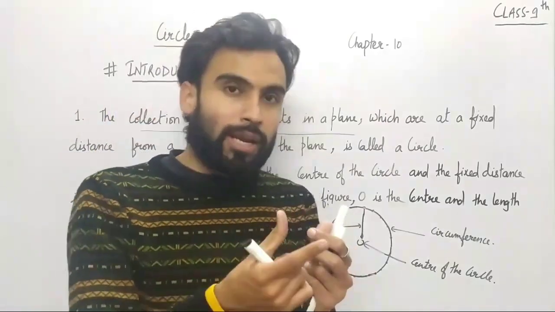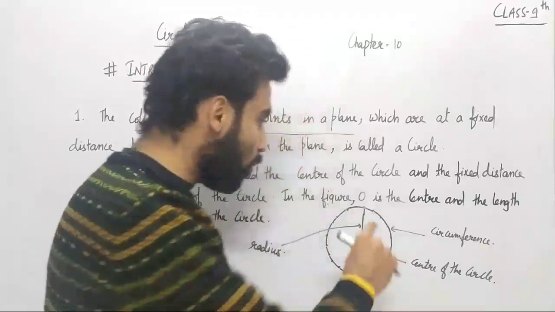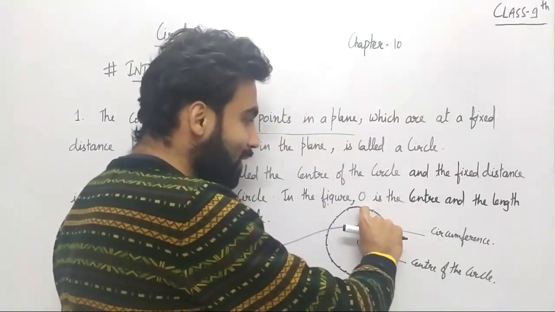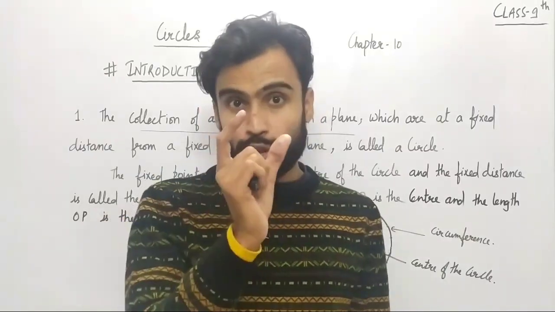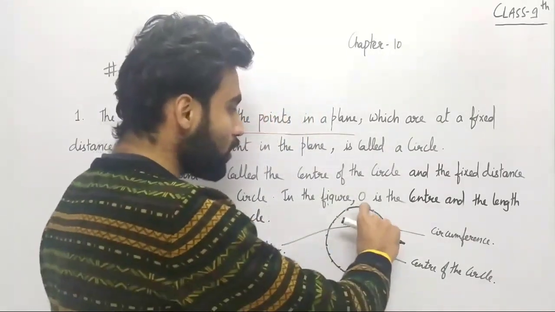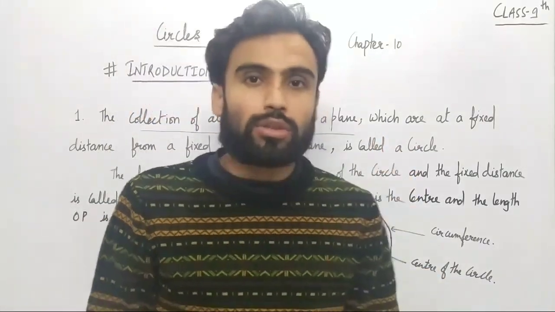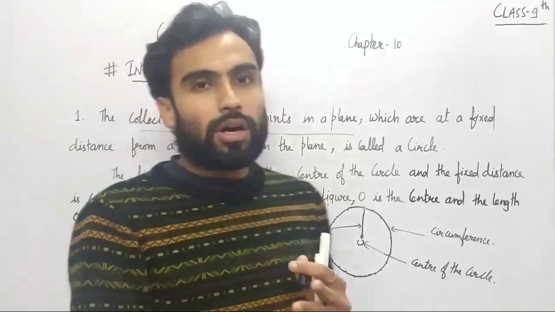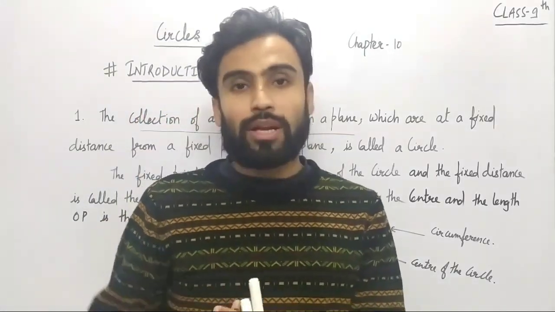When you open your compass to some extent, the distance between the pencil tip and the pointer of the compass is the radius, right? We can draw a circle of any radius, for example a 2 centimeter radius circle, then 3 centimeter, 4 centimeter, and so on.